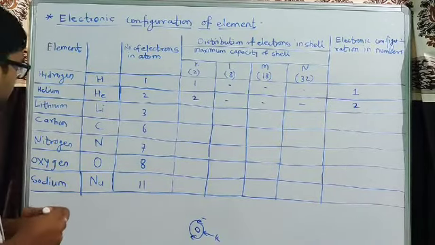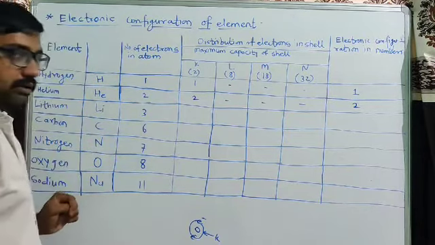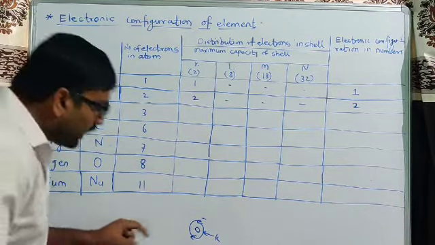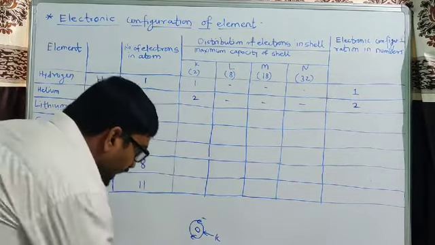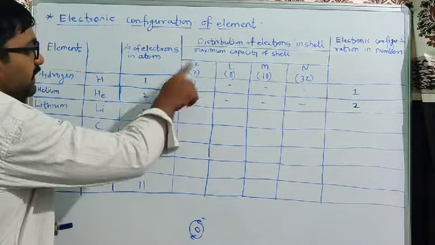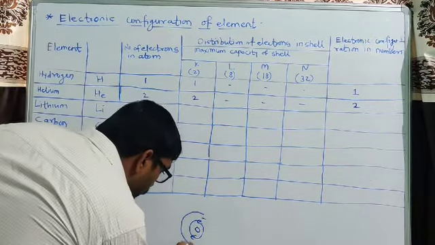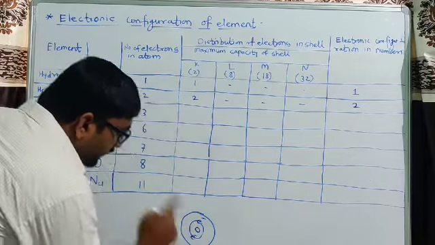Then lithium. Lithium has 3 electrons. Look, this is the K shell, and we know the maximum number of electrons in the K shell is only 2. So the first two electrons are added in the K shell.